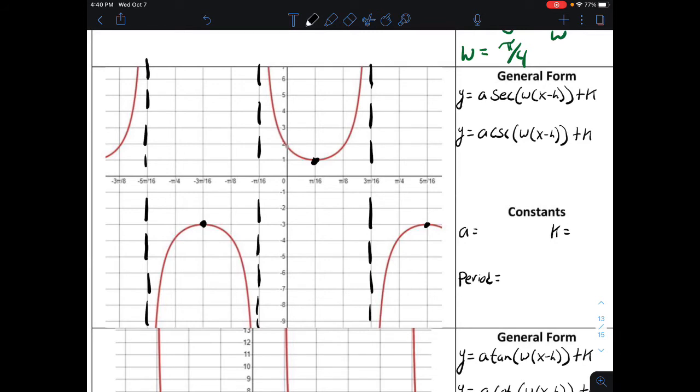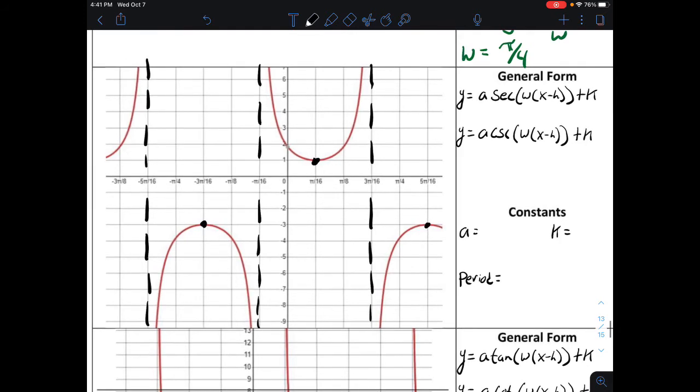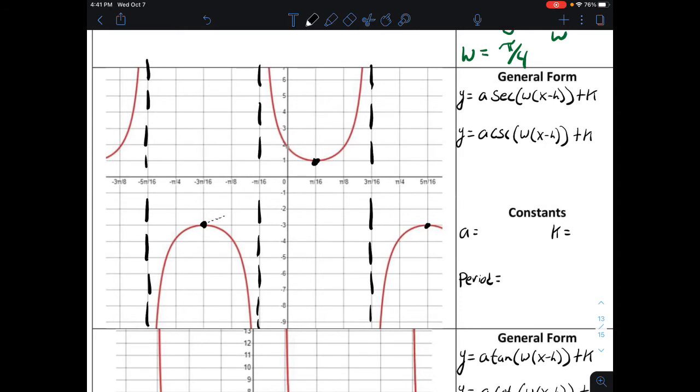Now, we want to identify what A, K, and W are here. It might be helpful for you to remember that really what's going on inside of here is we have one of our reciprocal functions being graphed, and if we wanted to, we could graph the reciprocal function where we would just do our best to make our wave through here.